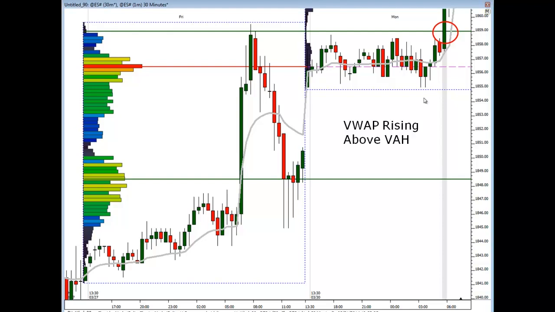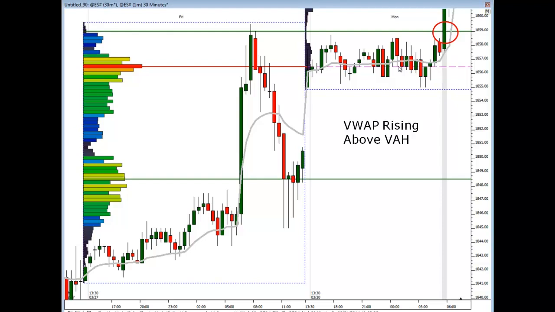Quite often the question that people have is, is the market going to accept the value as we head higher, or is it going to reject? Well, this is a clear indication of acceptance, and prices are going to continue to move higher.